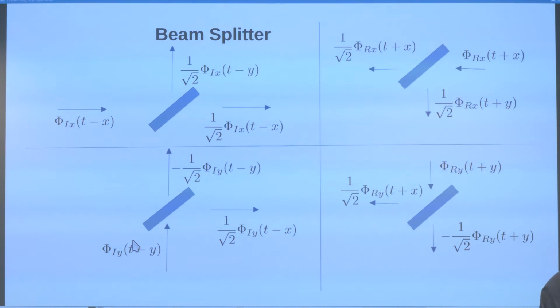So this just describes how that beam splitter works and divides the light coming from the various directions into 1 over square root of 2 of the amplitude, because you want the square of the amplitude, which is proportional to the energy, to be half going in one direction and half going in the other direction. But it picks up an extra minus sign.